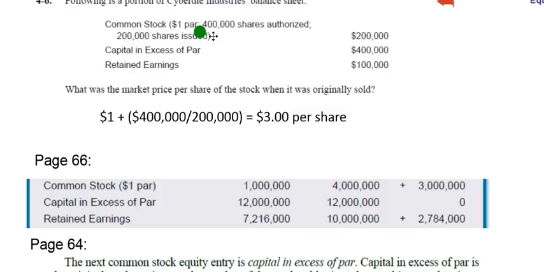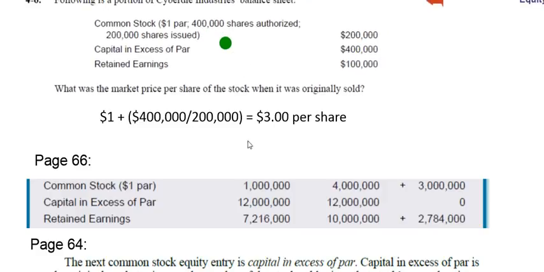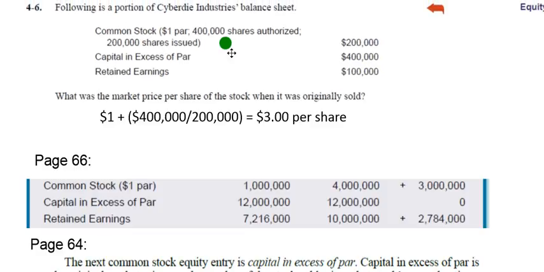This 400,000 shares that were authorized is a little bit of a distraction, because what you really concern yourself with is how many shares were sold or issued.